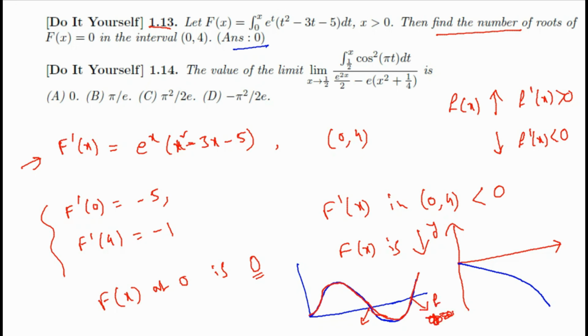That means f x equals 0. At this point f x equals 0, again at this point f x equals 0. That means this function has 2 roots. But in our function, there is no possibility within 0 to 4 that the function crosses the x-axis. So that is why the number of roots is 0.